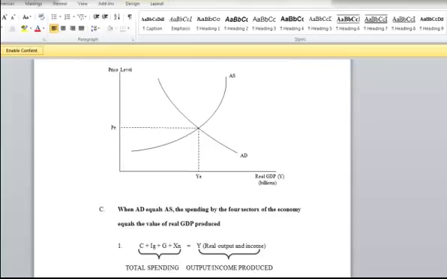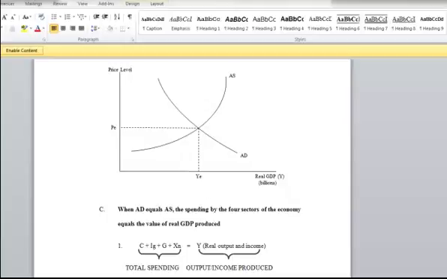Okay, short-run equilibrium. This is where aggregate demand and aggregate supply are in balance and they meet. It's the equilibrium level of prices that are determined and the equilibrium level of output. And essentially, it occurs, as it says here, when total spending and total output are equal, meaning the consumption, investment, government, and net export spending is equal to the value of output and incomes that are produced.